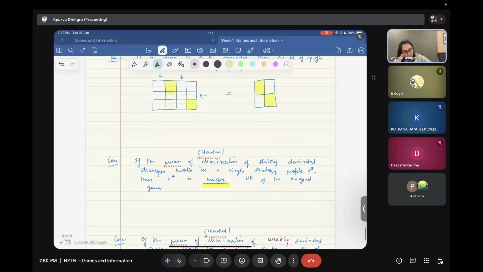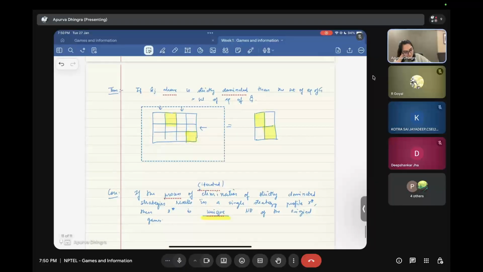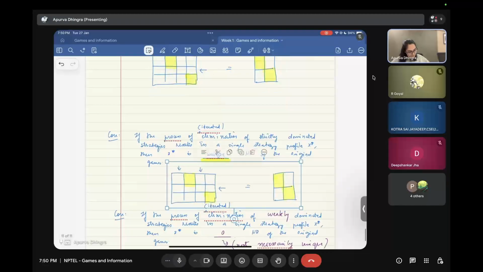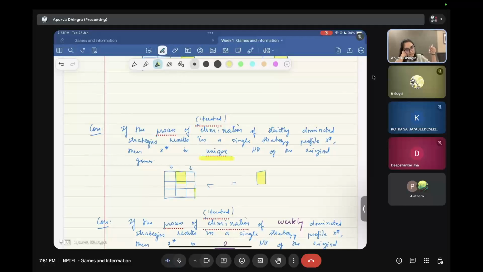But if we got only one, the process of iteratively removing would lead us to that one unique equilibria point.